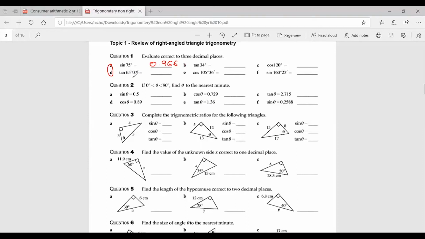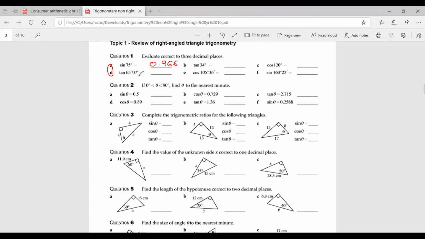So that's going to be 0.966. And then how do we get this in here? It's tan of 65 degrees and 7 minutes. How would you get that in there? 65 and then the degrees. Yep.